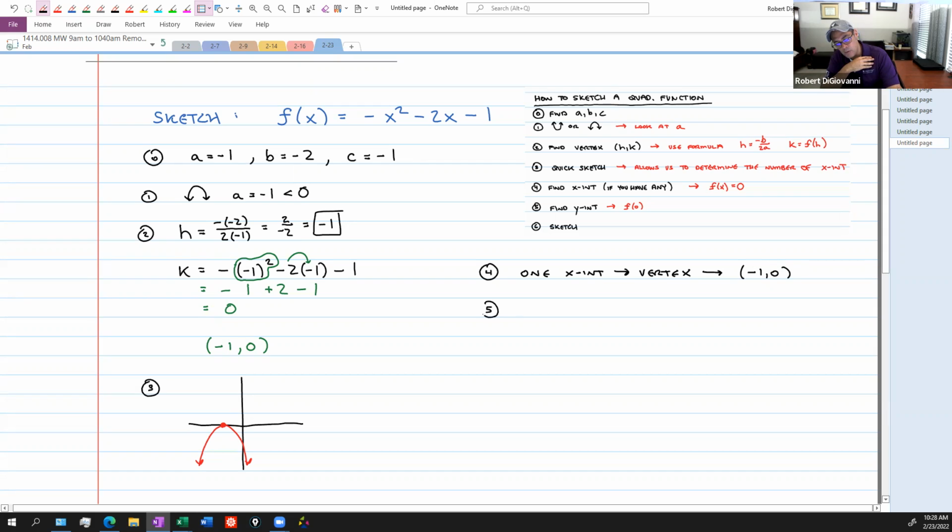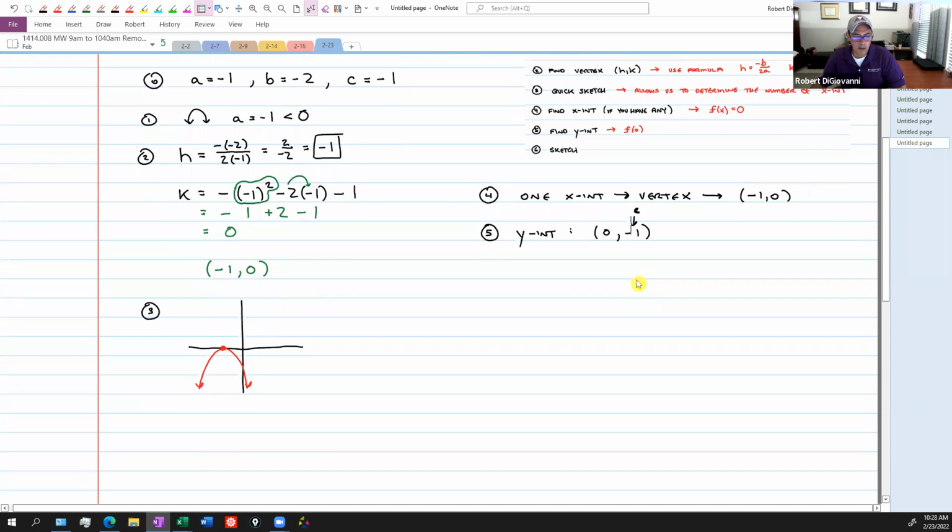Step 5, y-intercept. It's just C, isn't it? So I'll write it as a point. It's 0, -1, right? That's just C. And so that should be everything I need to draw this. Let's try it. I'm going to just squeeze it in right here.